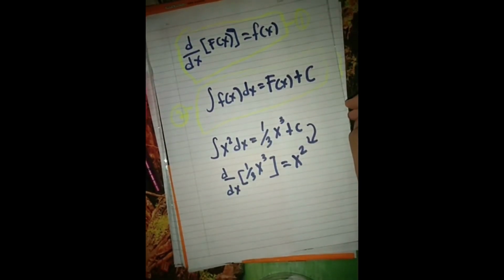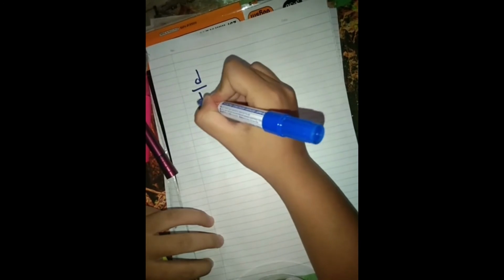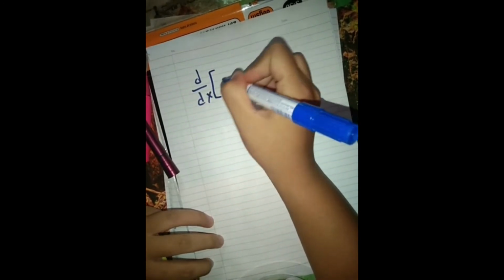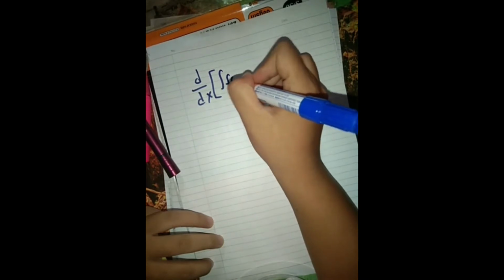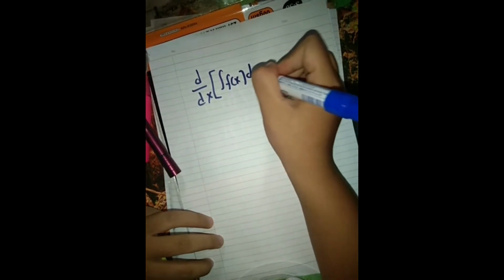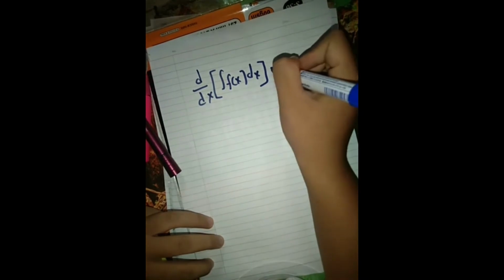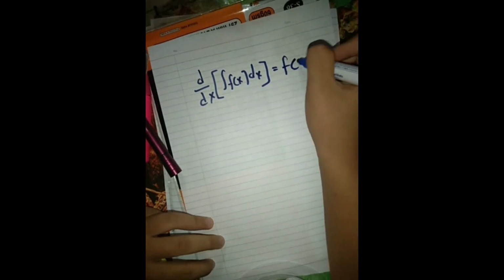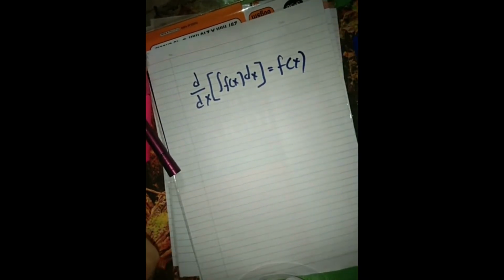Note that if we differentiate an antiderivative of f(x), we obtain f(x) back again. Thus, d over dx of the integral of f(x) dx equals f(x).